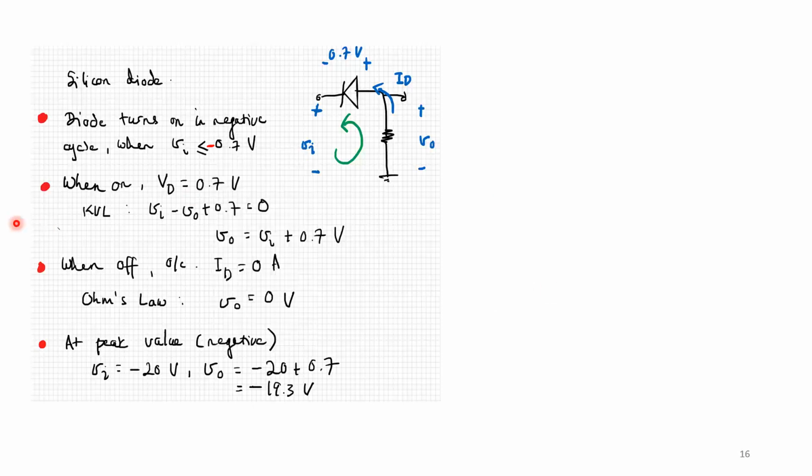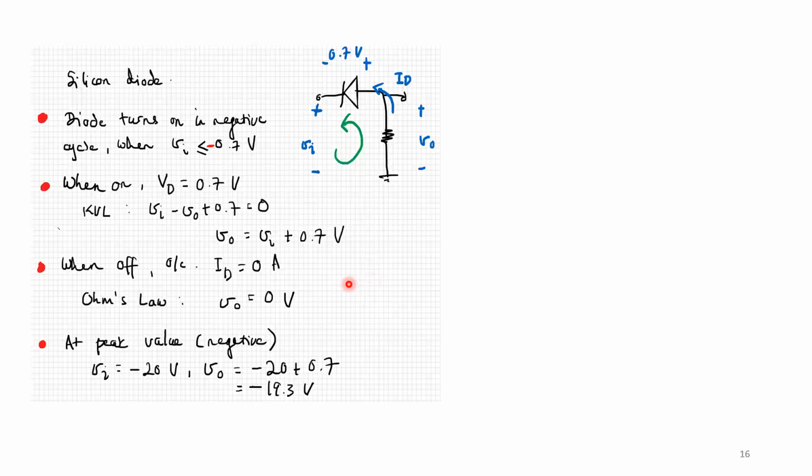So when it's on, Vd equals 0.7 volts. If I do Kirchhoff's voltage law, I get Vin minus V out plus 0.7 equals 0. So my V out is now Vin plus 0.7 volts, based on KVL.